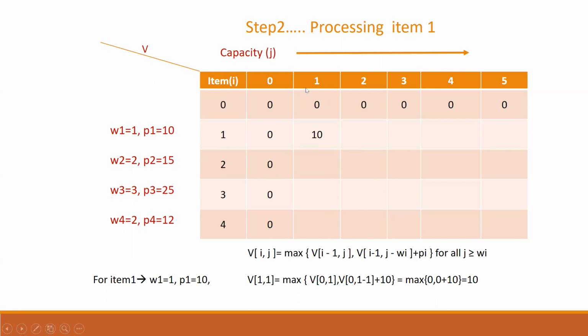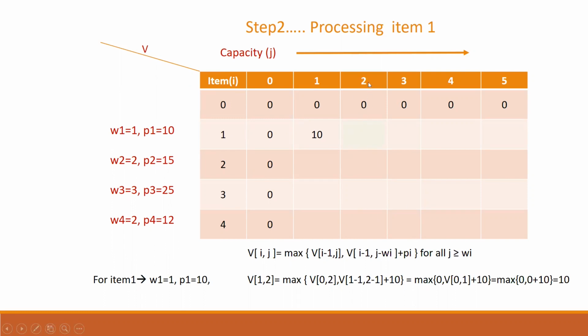The meaning is that the knapsack with capacity 1 kg can hold item 1 because its weight is 1. So the item present in the knapsack is currently item 1, whose profit is 10 rupees. Similarly, next we will calculate this cell V of 1, 2.